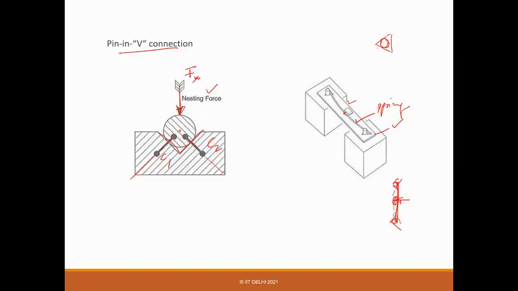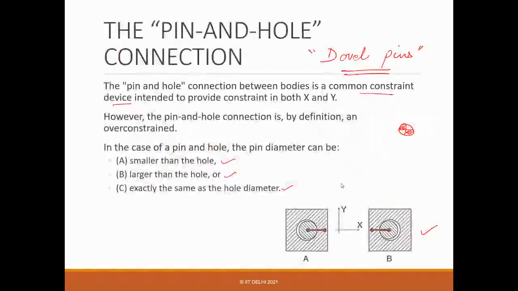By this, you are providing a nesting force, and there are constraints C1 and C2, and this is F nest, the nesting force. If you have this kind of arrangement, you can place this plate accurately with respect to these blocks. So pin in V is better than pin in hole.